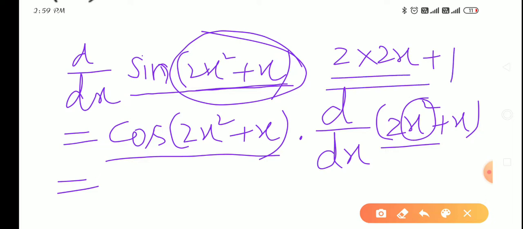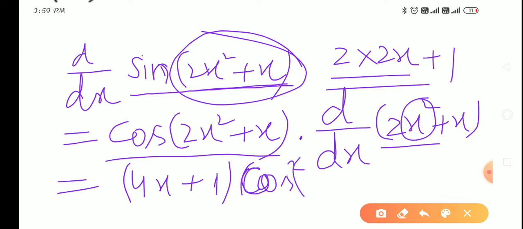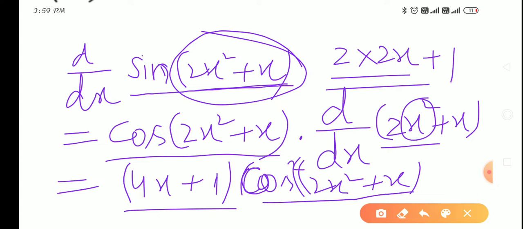So it will become 4x plus 1, multiplied by cos of 2x square plus x. So again you see, 4x plus 1 into cos of 2x square plus x. So like this you can find differentiation of function of a function.